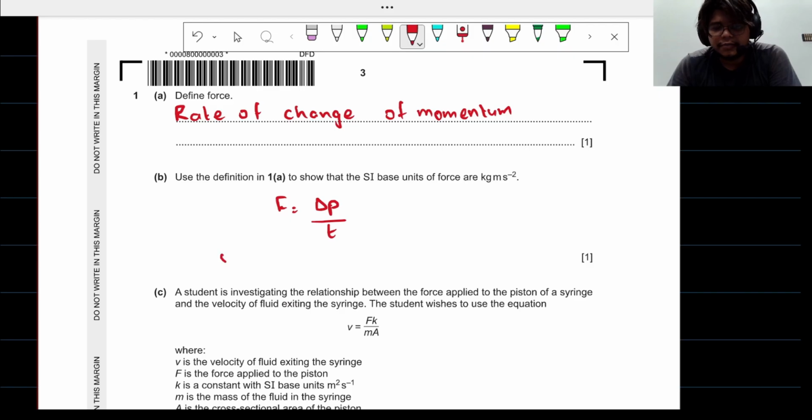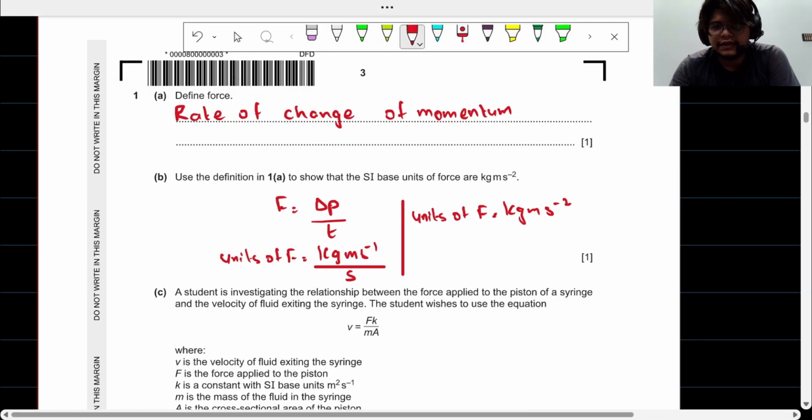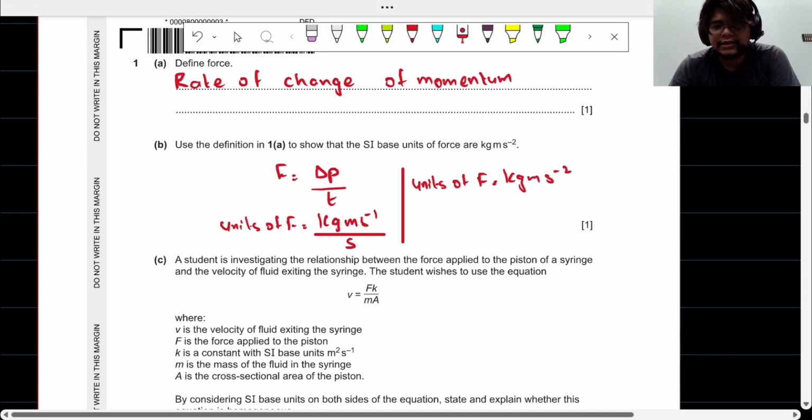Momentum can be written as mass into velocity, kilogram meter per second, divided by the time, that is second. If you solve this, bringing s up into the numerator, your units of force would be kilogram meter s minus 2.